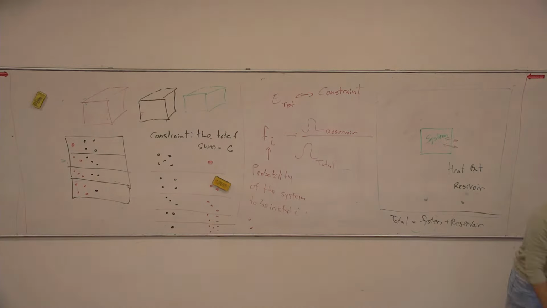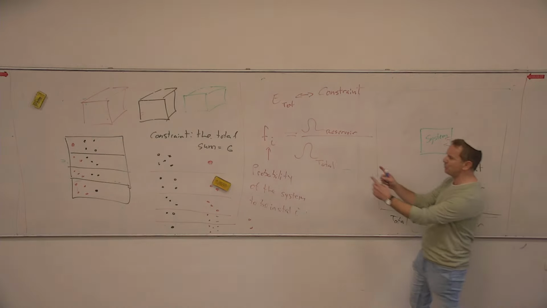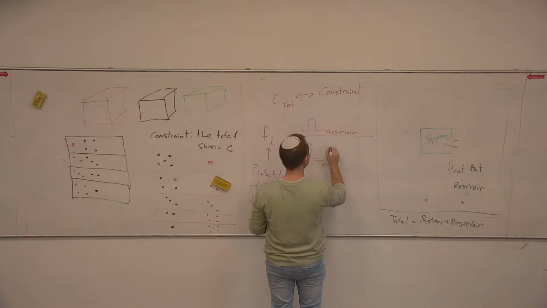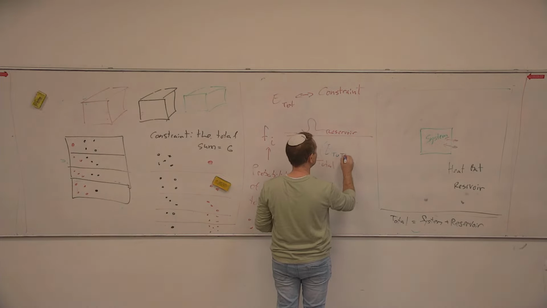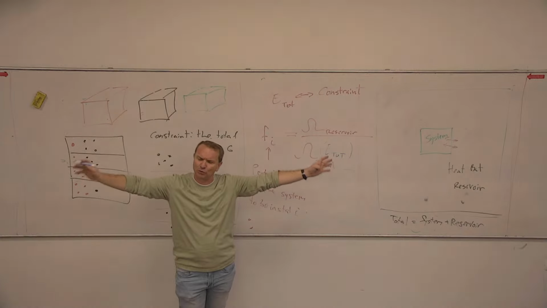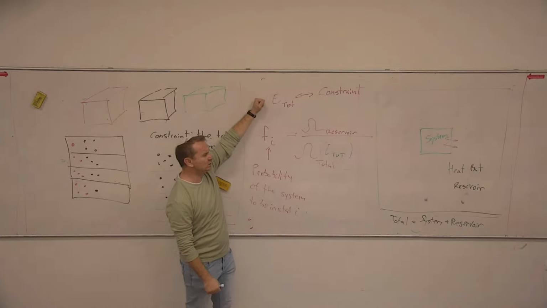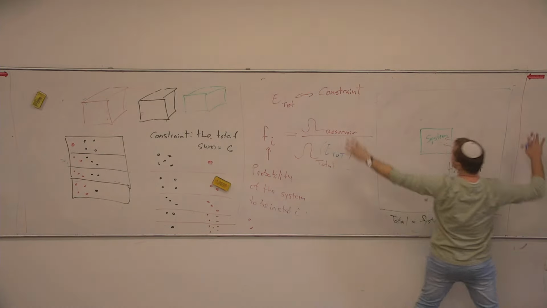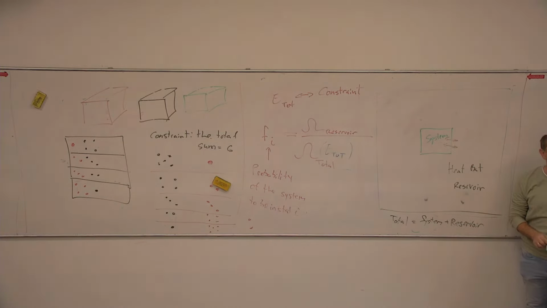Now, the total system is constrained, so you have to compute the number of states of everything when the energy is E total. You don't have the whole sample space for any given energy. You said E total is constrained. So what is the total number of states? I'm using a microcanonical description. The microcanonical description says, just count the number of states.